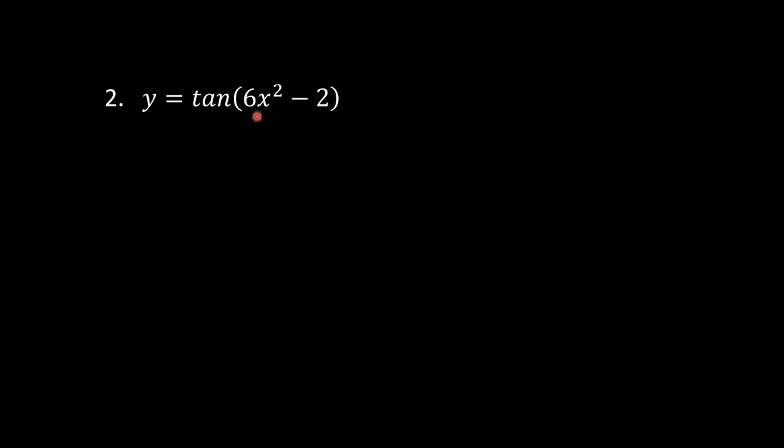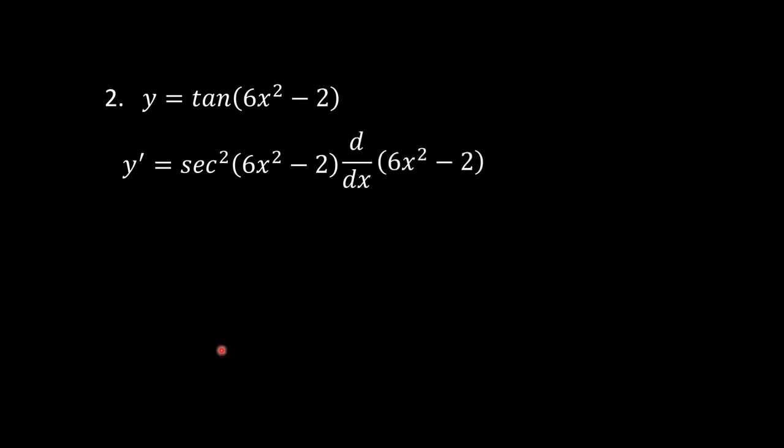The inside function is 6x squared minus 2. So the derivative of y is equal to secant squared of 6x squared minus 2 times the derivative of 6x squared minus 2 with respect to x.